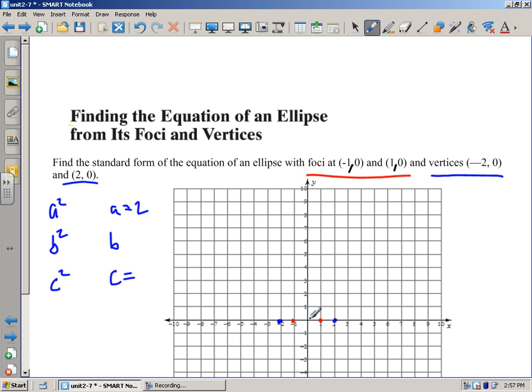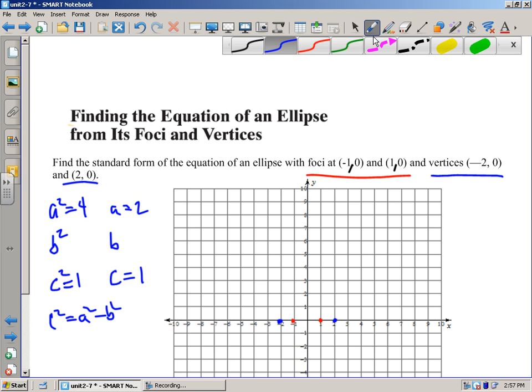C, from 0 to 1. So c is 1. Well, if c is 1, c squared's got to be 1. If a is 2, a squared has to be 4. And we know that c squared equals a squared minus b squared.